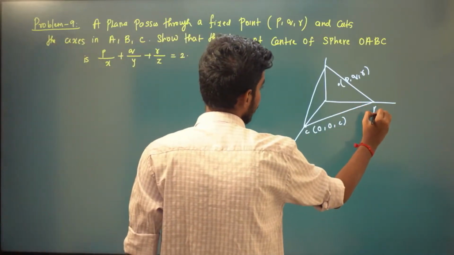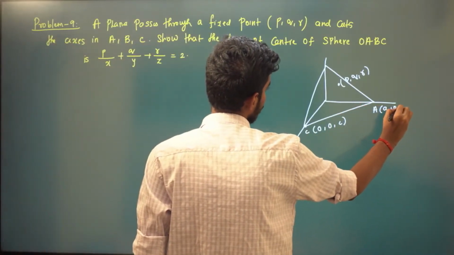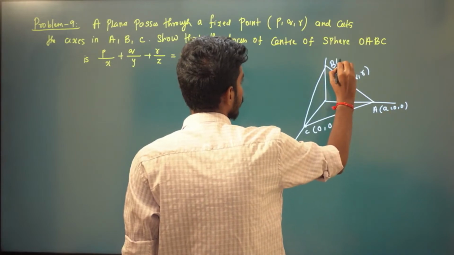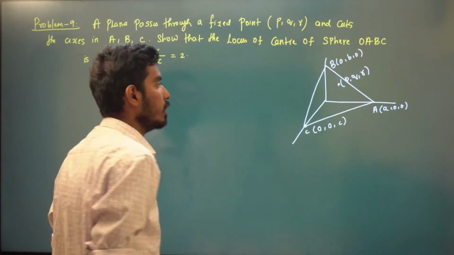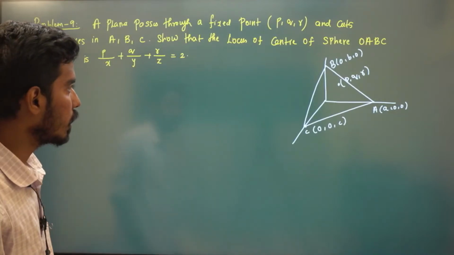Let's say this is our x-axis and A is A comma 0 comma 0. So we have a plane and it is passing through a point P comma Q comma R, right?